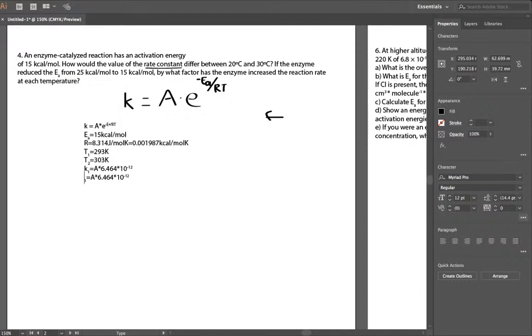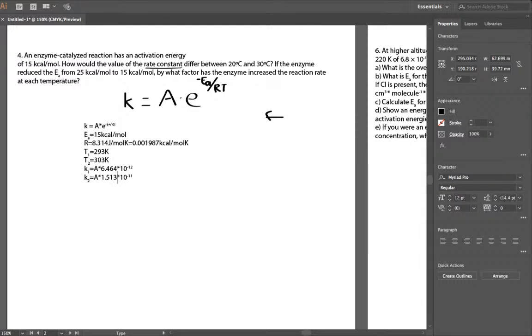K2 is equal to 8 times, this guy, the only difference is just the temperature, which in this case gives 10 to the power of negative 11 of 1.51288. Yeah, pretty accurate. So that's basically the thing.